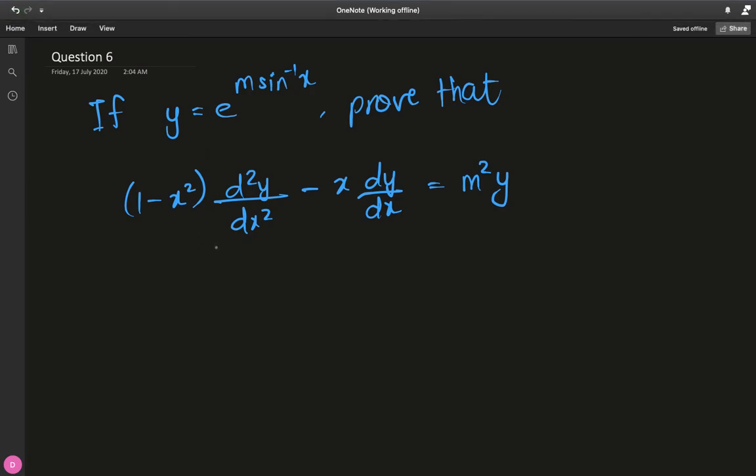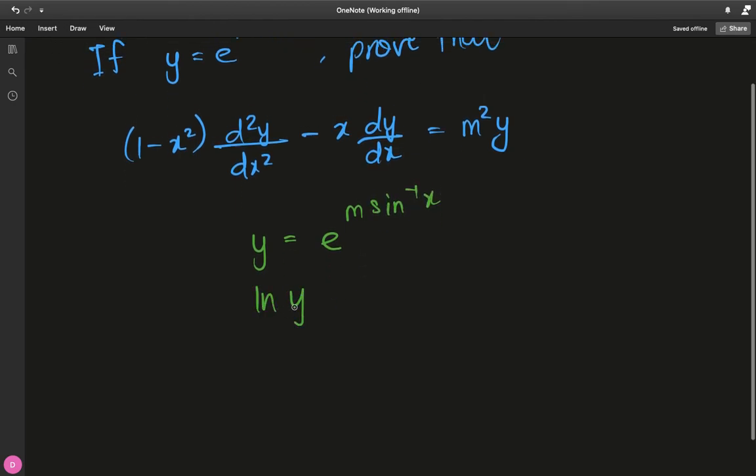Oh, question number 6. But oh gosh golly, we have another proof. So we have to prove that y equals e to the m times sine inverse of x satisfies this differential equation. So what we're going to do is take this y is equal to e to the m times sine inverse of x. Take natural log on both sides. We have natural log of y is equal to m times sine inverse of x.